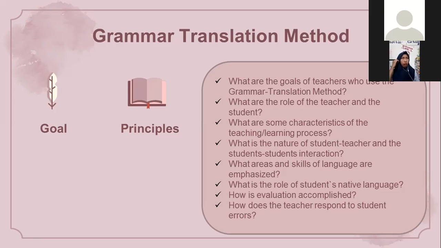Mostly the evaluation is taken from the translation activity, and then the students also have to answer some questions given after they learned new grammatical rules, and after they read the text, they will answer some questions given by the teacher.